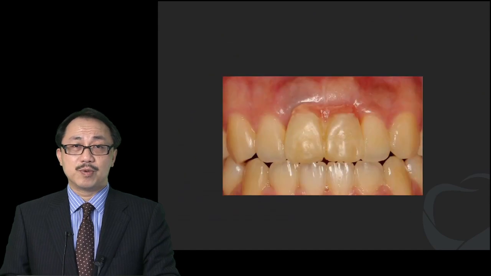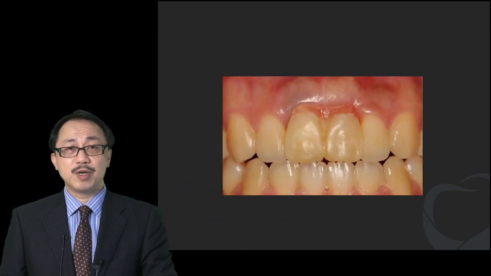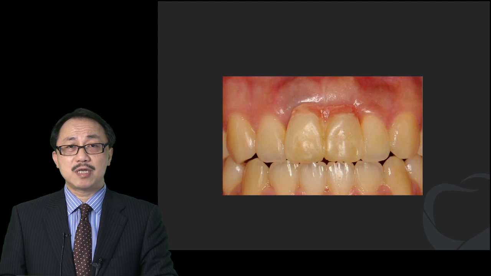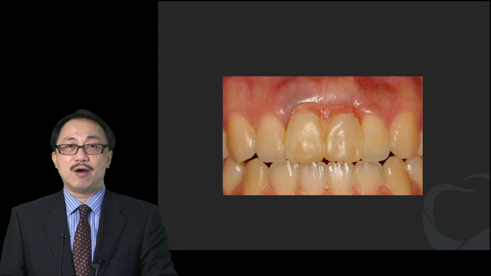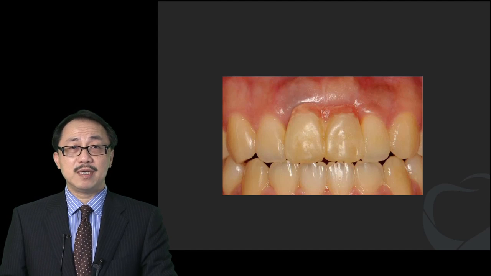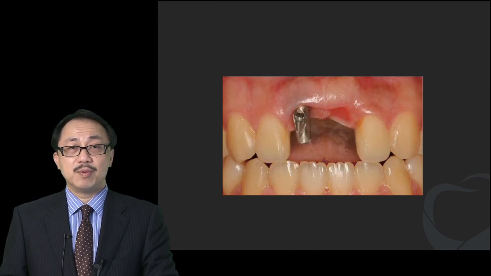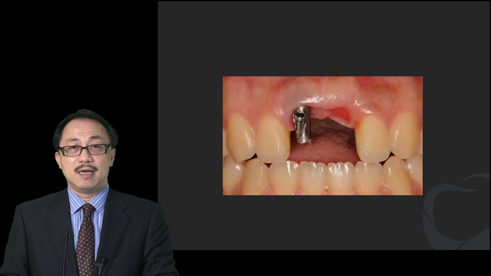Take another example, this young lady who requested a new restoration to solve the problem of the artificial gingiva. She hoped that all the artificial gingiva could be replaced with natural gum.